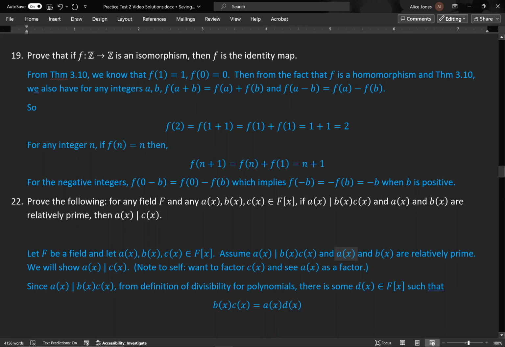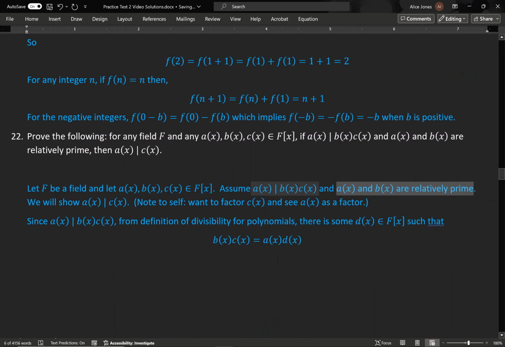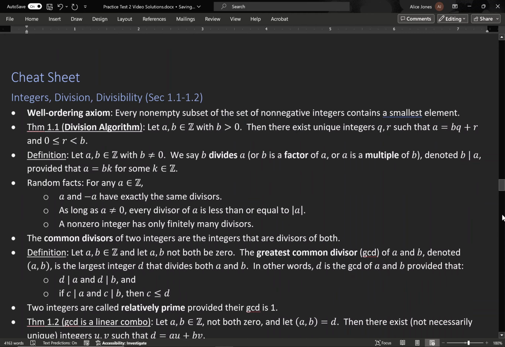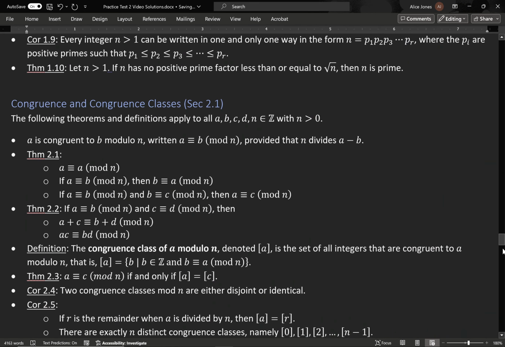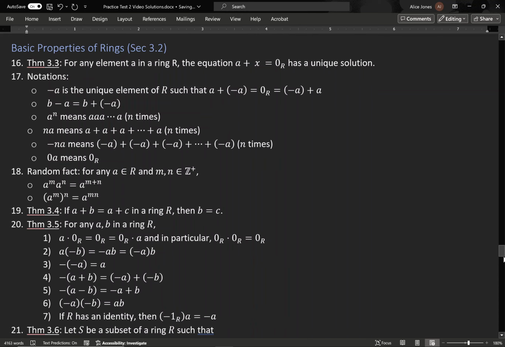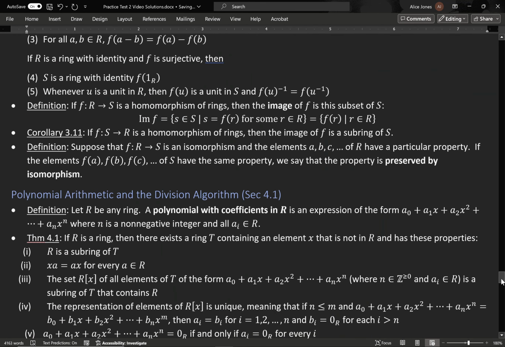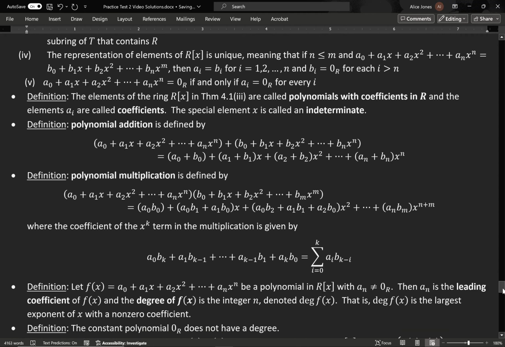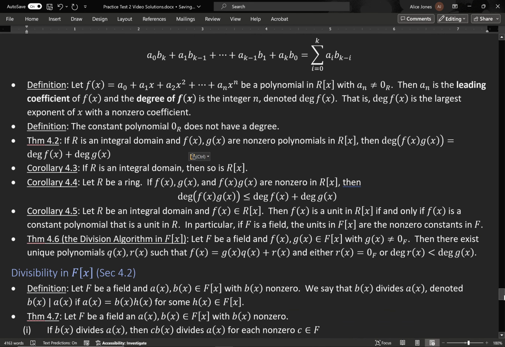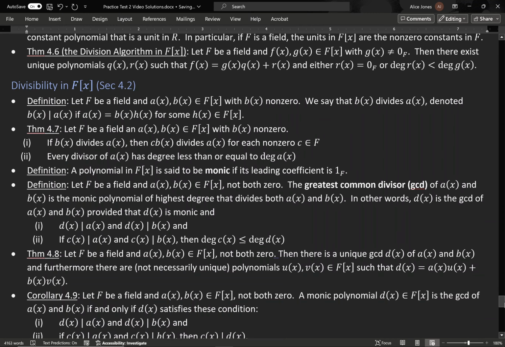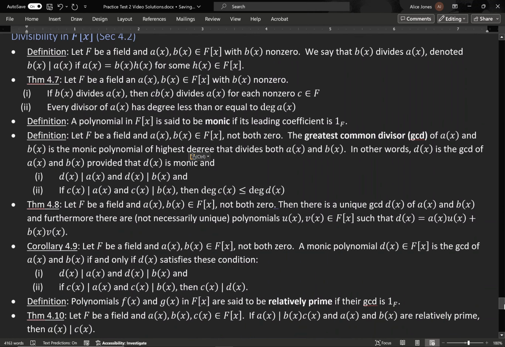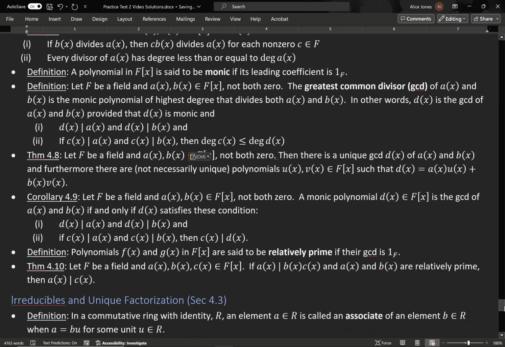Now from my other assumption, a(x) and b(x) being relatively prime, we do have a version of that whole linear combination thing for polynomials. Can't remember what number it is, but let's see if we can find it down here somewhere. Relatively prime.